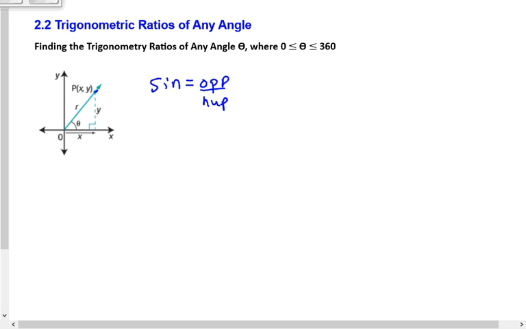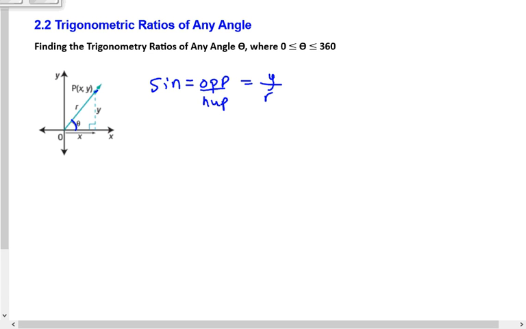So in this case, if we're looking at sine of theta, which is right here, the opposite side is y, and the hypotenuse is given as r. Okay, so the opposite side is the length of y, and this is labeled y because the distance of that arm would be measured in terms of the y-axis.